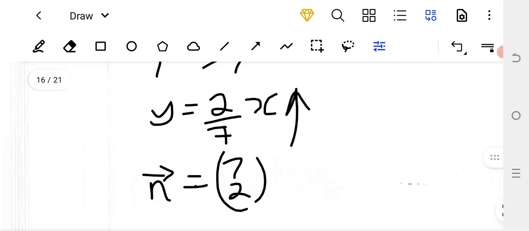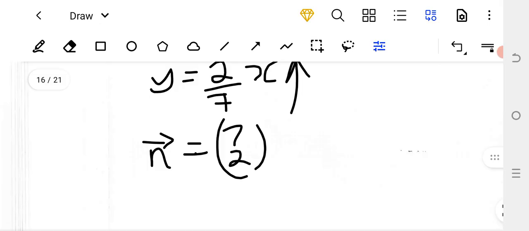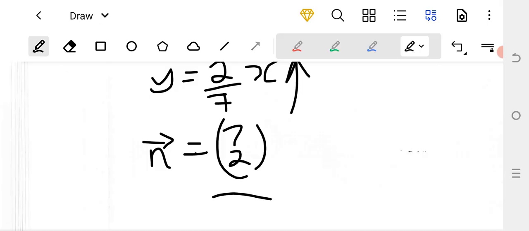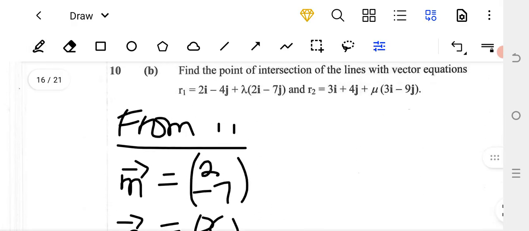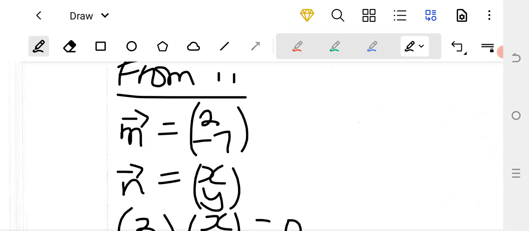So why was I saying that anything that when you multiply gives you 0, they are opposite of each other? Look at this vector very well. This vector is (7, 2). And then here, the direction vector was (2, negative 7). Why am I saying they're opposite of each other? What happened was that the negative 7 here went up, so it became (negative 7, 2).